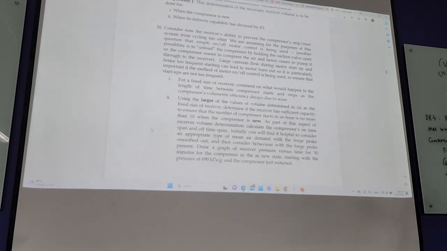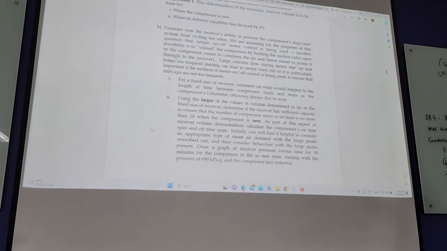Consider now the receiver ability to prevent compressor stop-start system from cycling too often. We are assuming, because if your receiver is the right size, that means you don't overstress your compressor. We are assuming for the purposes of this question that a simple on-off motor control is being used. This is for the compressor.